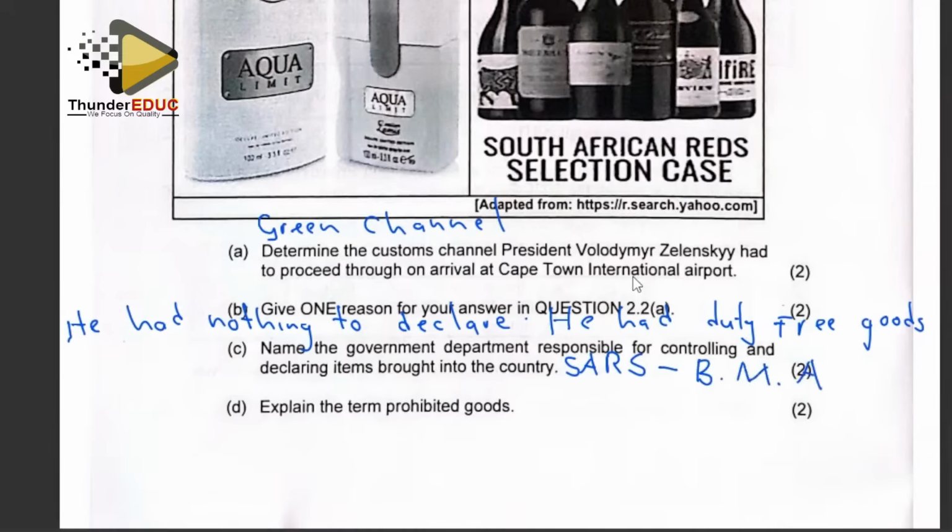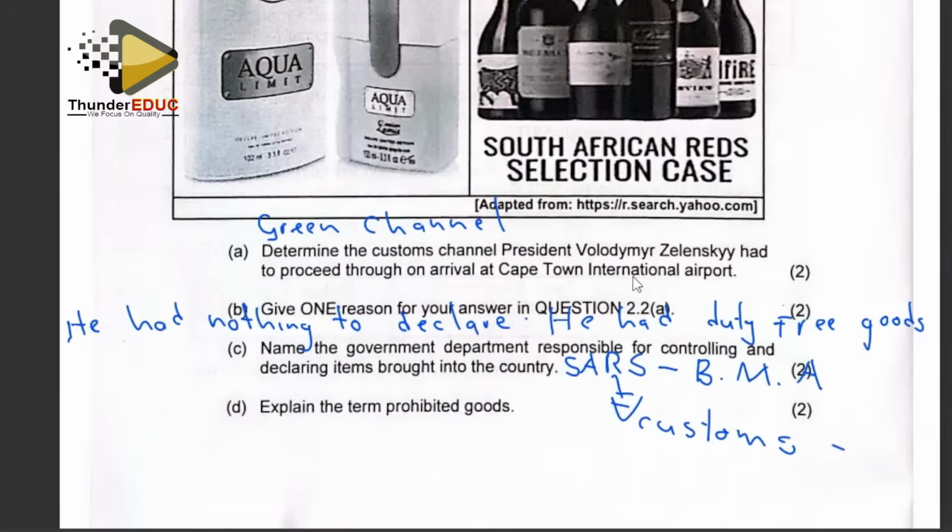So SARS and BMA work together. SARS falls under the Customs Department, just to add customs.